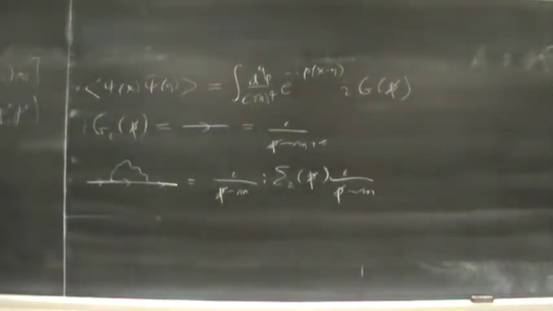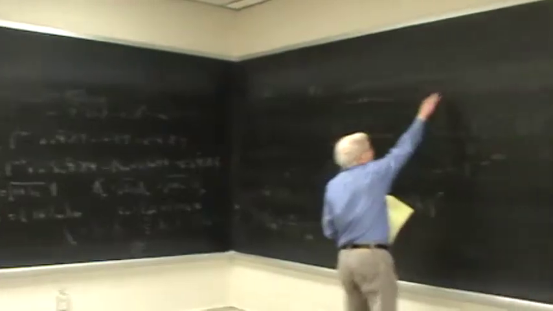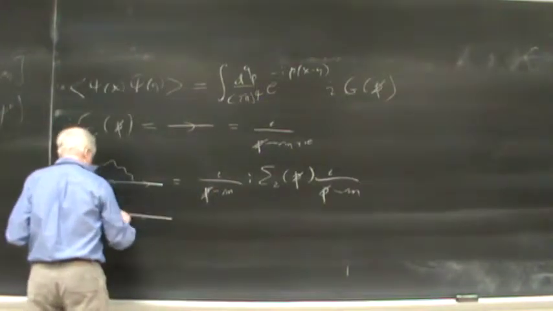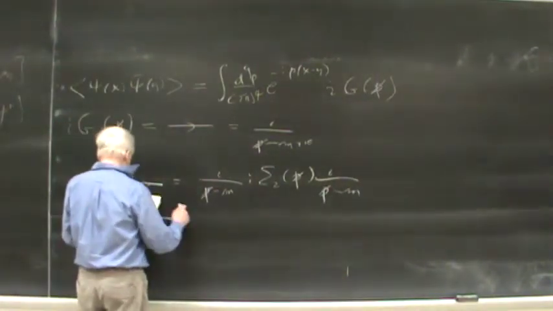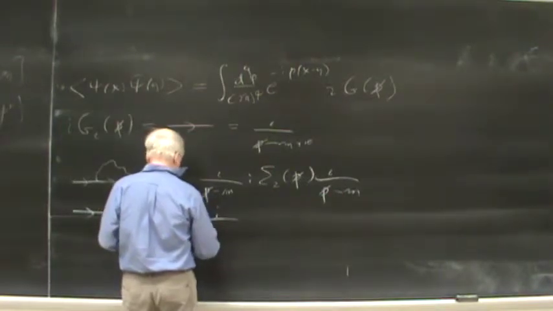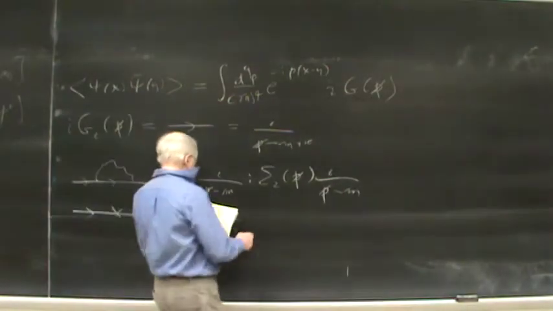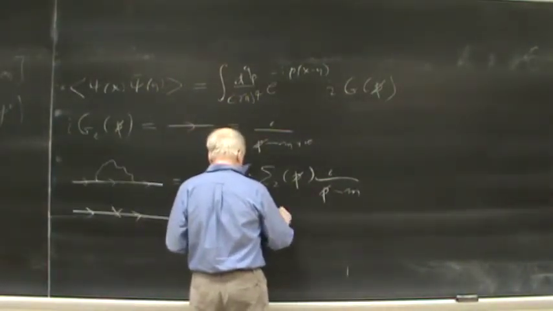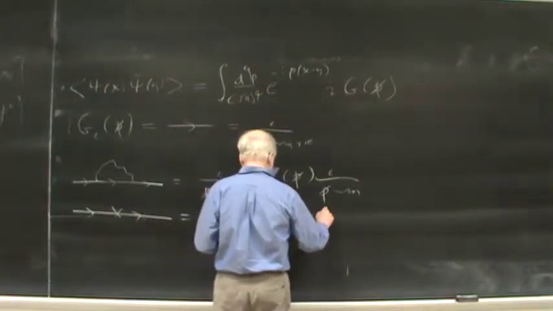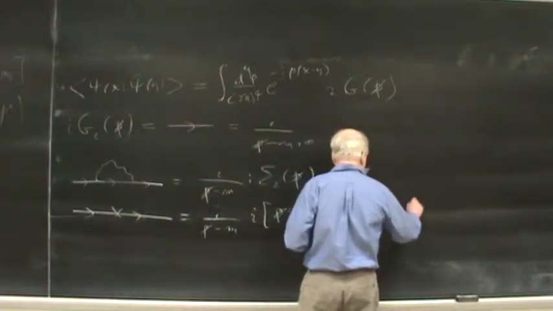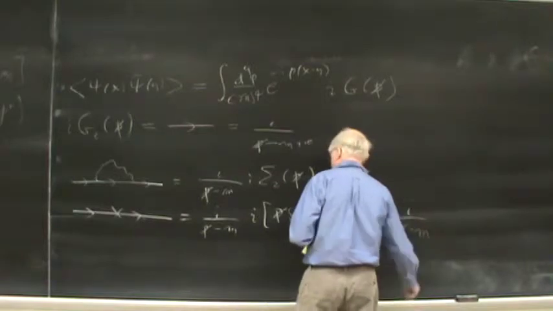But then we've got the terms that come from over here, in other words, that guy up there. And so this is going to give us i over p-slash minus m, and that's just, we're including these external propagators, i p-slash delta 2 minus delta m plus delta 2 m, and then i over p-slash minus m.